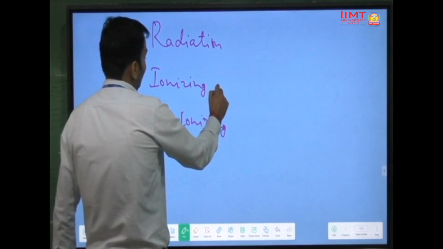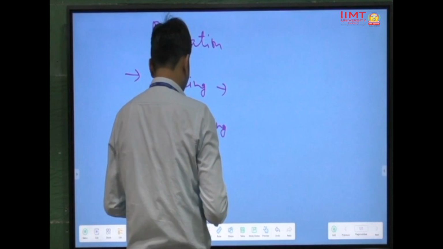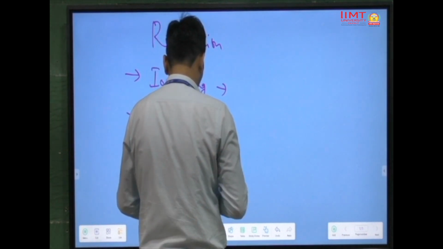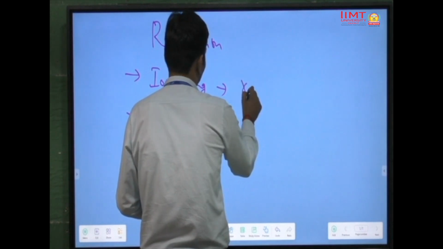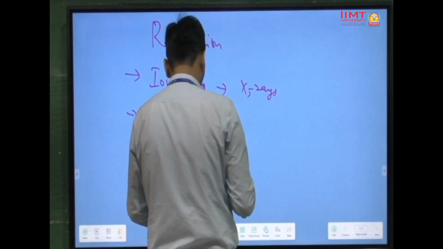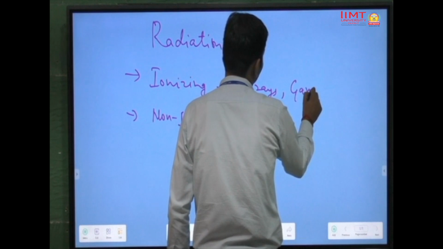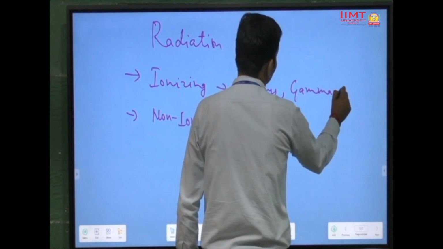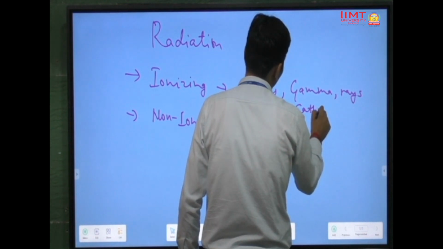The examples of ionizing radiation are X-rays, gamma rays, and cathode rays.